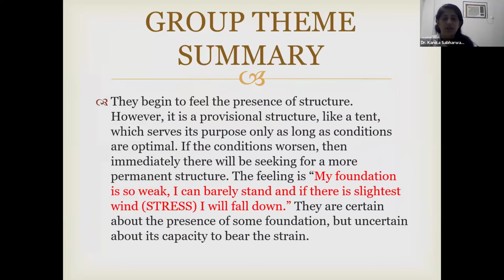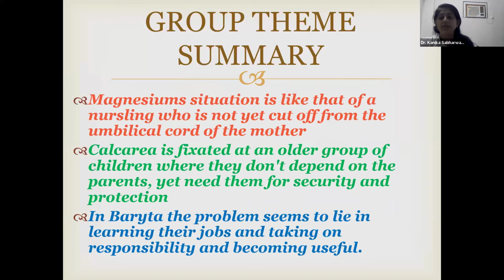So in a nutshell, the three groups that we're going to discuss in the next few minutes. The situation of magnesium is like that of a newborn or a nursling who is still not metaphorically cut off from the umbilical cord of the mother. A lot of attachment to parents, family. In calcarea, the fixation comes at a slightly older age group where they don't have to depend on parents for each thing.